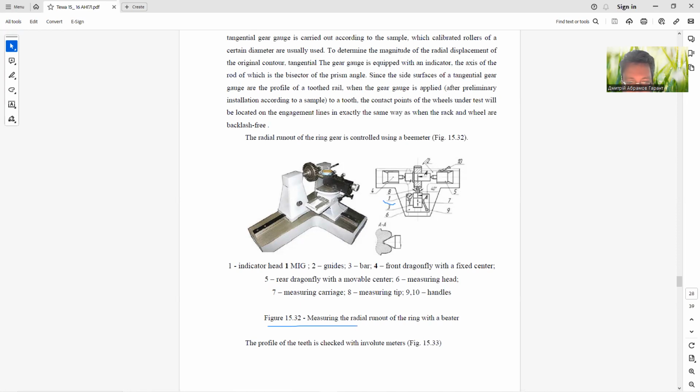Position number 2, slides. 3, bar. 4, front headstock with a fixed center. 5, rear headstock with a movable center.